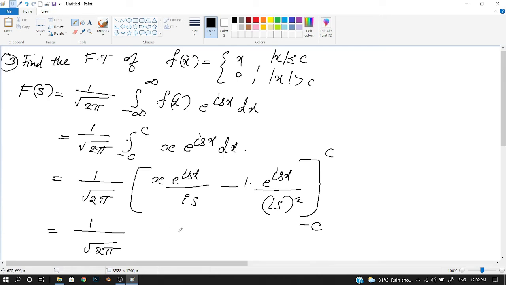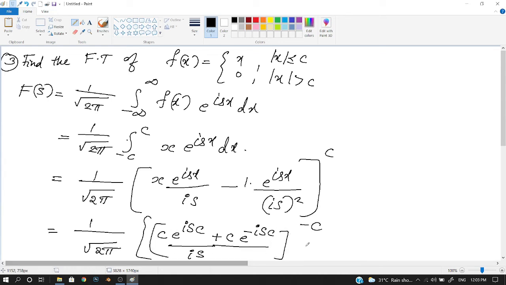At first we put x equal to c, so c into e raised to I s c divided by I s, minus, then substitute the lower limit, so plus c e raised to minus I s c. So the first quantity is over.